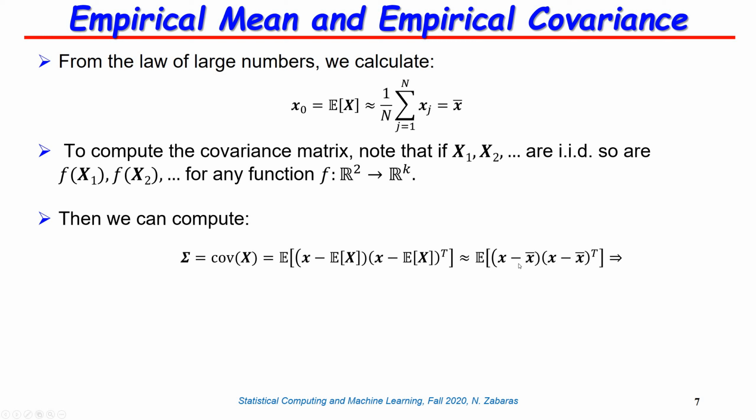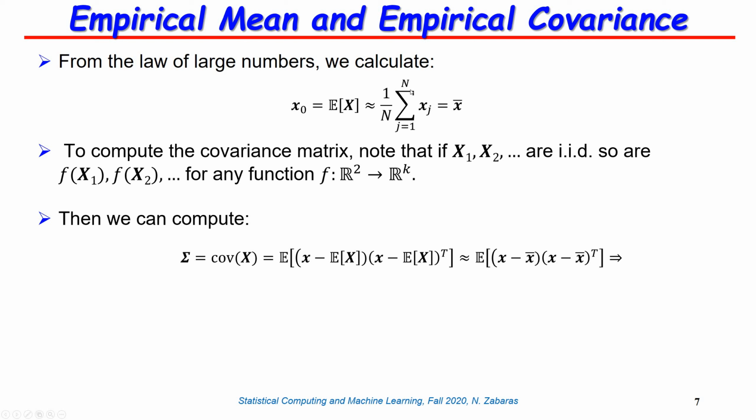Now, if you think about it, I said before that I have samples x1, x2, etc., coming from this Gaussian distribution. So effectively, I also have samples of this function that you see inside this expectation. So I can use the idea to approximate the expectation with the sample mean, right?